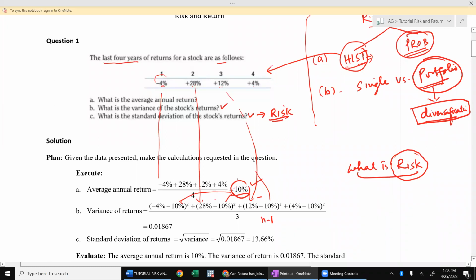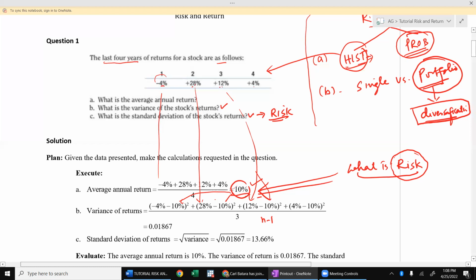In other words, what are the chances that I'm not going to get this 10%? Am I correct, students? Yes, Carl says yes. So risk means the chances that I'm not going to get this 10%.